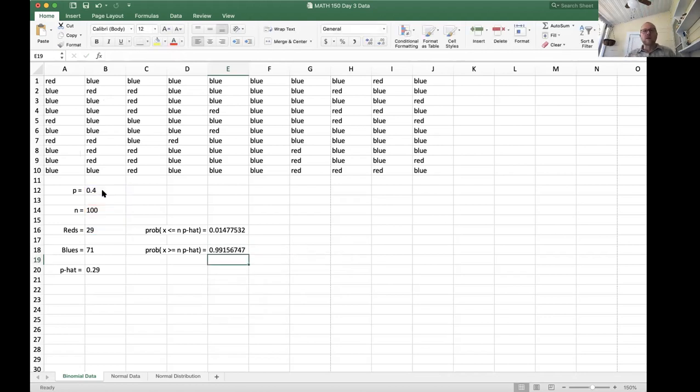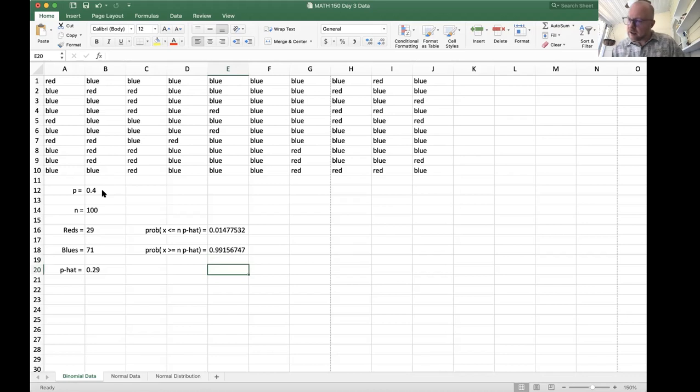But anyway, notice that you get a much larger number, and the thing is that most of the possible things that you might get out of one of these distributions are going to be close to the 0.4 times the 100. So the numbers are mostly going to be close to 40. And we're saying, let's get all the numbers that are greater than or equal to 29. That's going to include most of the numbers, right?